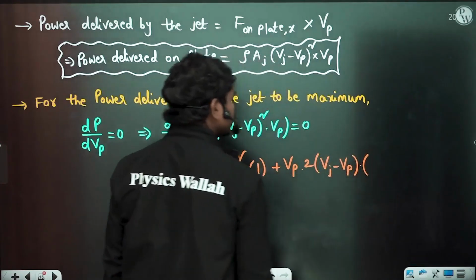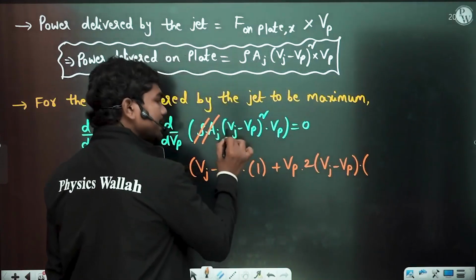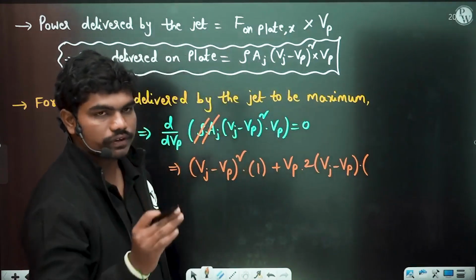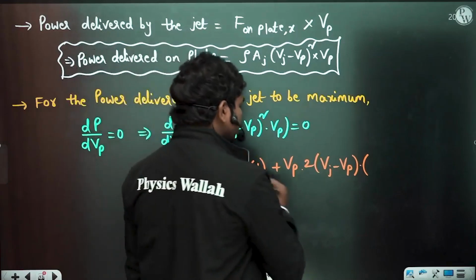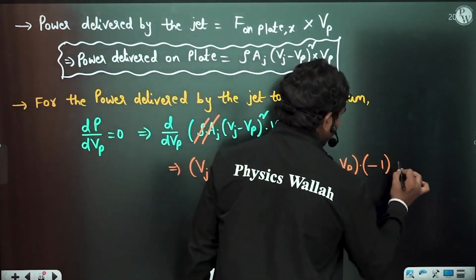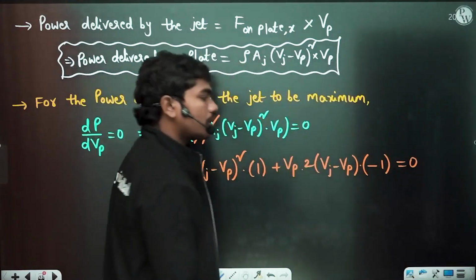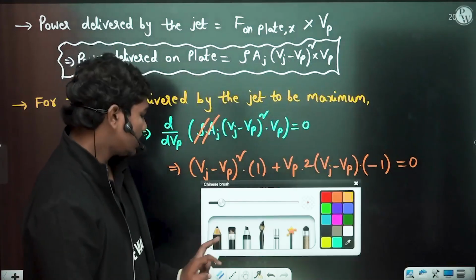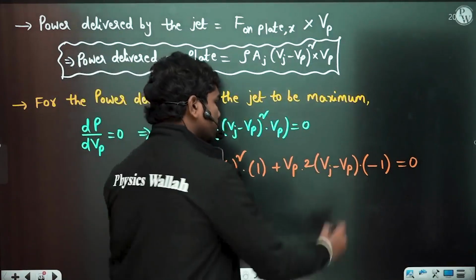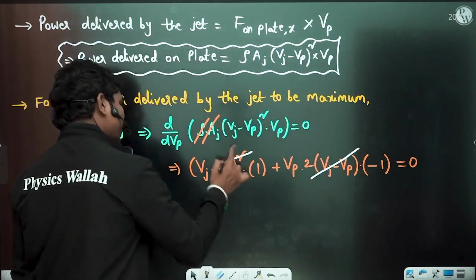What is the inner differentiation value? Differentiation of vj is 0 because the jet velocity is constant. Differentiation of v plate with respect to v plate is minus 1. I am just differentiating the things. Now I can cancel some terms: this (vj minus vp) and this square can be cancelled.